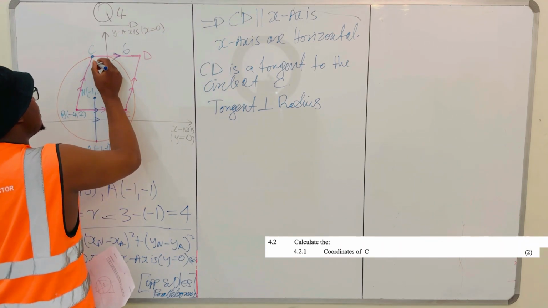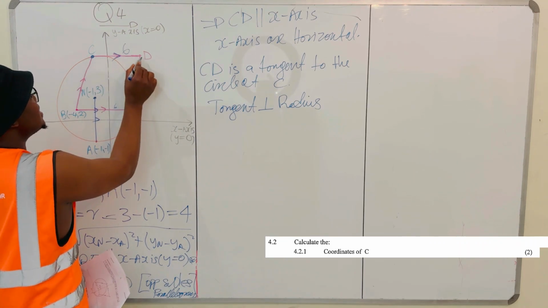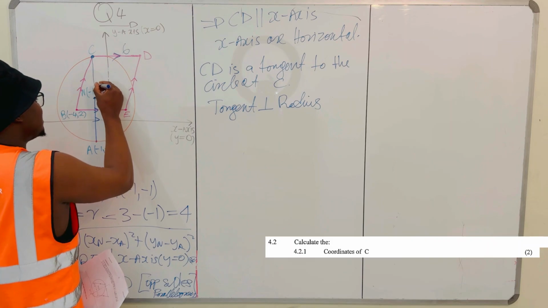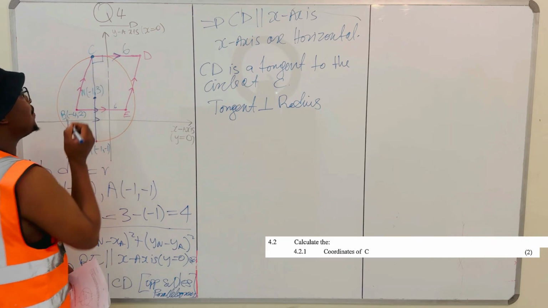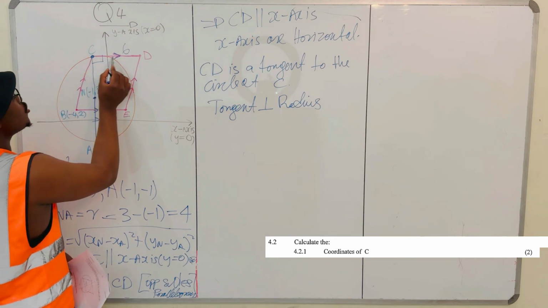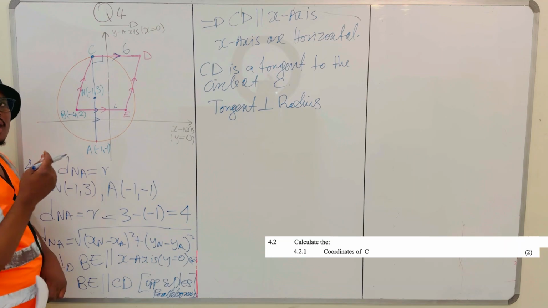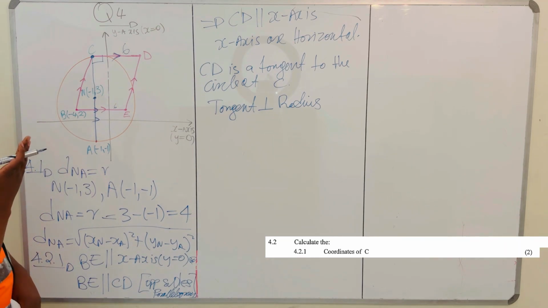So if this is horizontal, this should be vertical in order for the perpendicularness to be preserved.